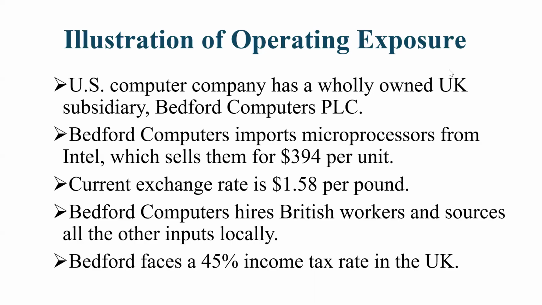Let's at this point illustrate operating exposure. And before we do that, let's clarify that under economic exposure, we have operating exposure being the extent to which the firm's operating cash flows will be affected by random changes in the exchange rates. There is also asset exposure, which is the effect on the domestic currency values of the assets and liabilities.